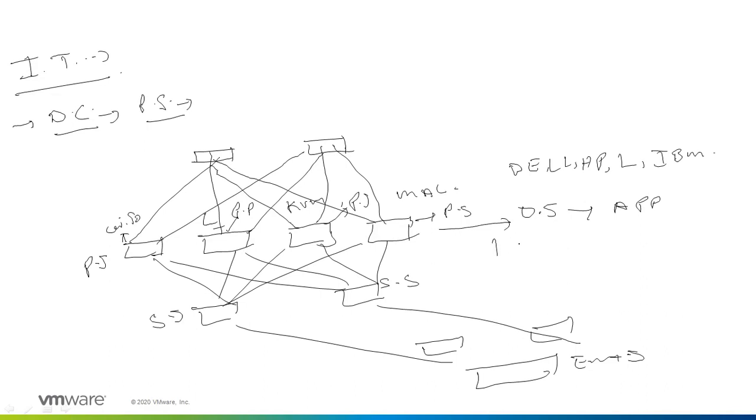That's what we call one-to-one mapping between your operating system and the underlying physical servers.